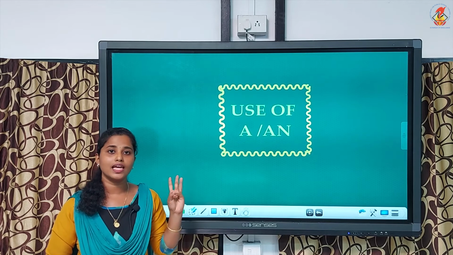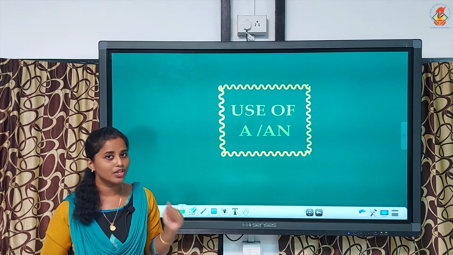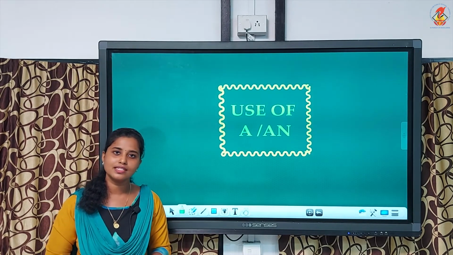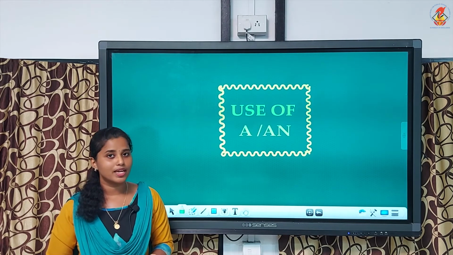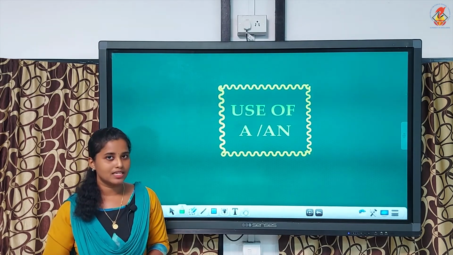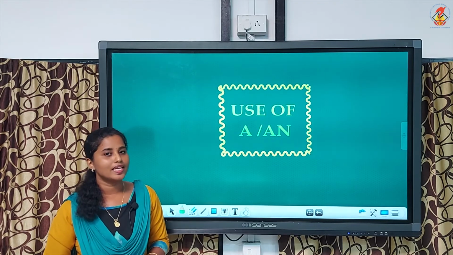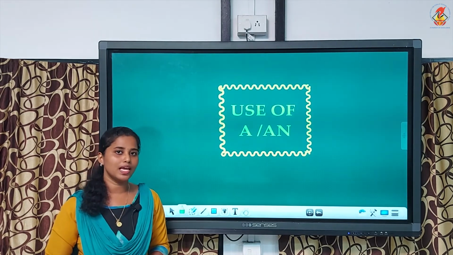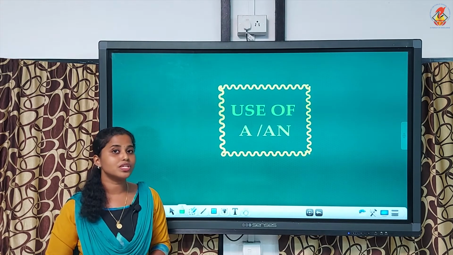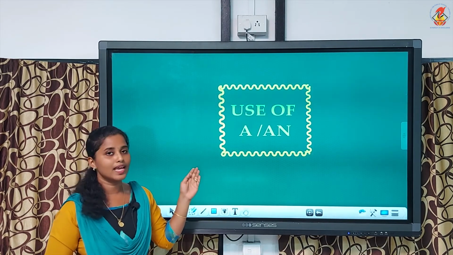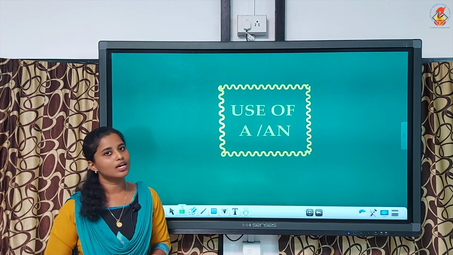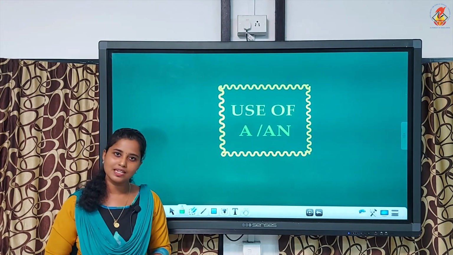Yes, they are A, E, I, O and U. What about the consonants? Very good. The remaining 21 letters are called consonants. And at the end of this session you will be able to know how to use the articles a and an before a word. So shall we start, children?